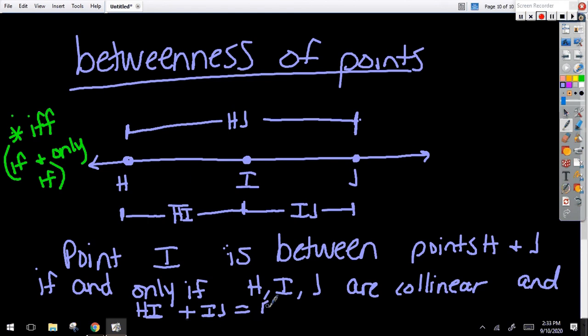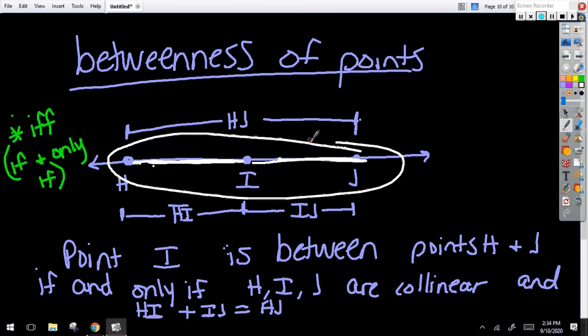HJ. So if you can add the two little pieces together, the two segments, and they give you the whole, then that tells me that this point is between the ends. Okay? All right.